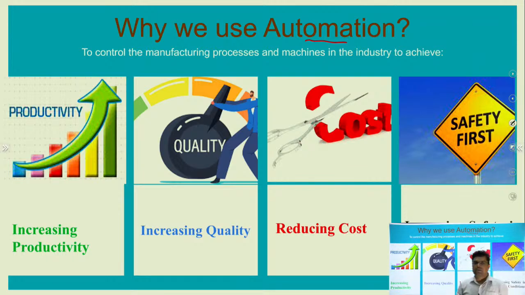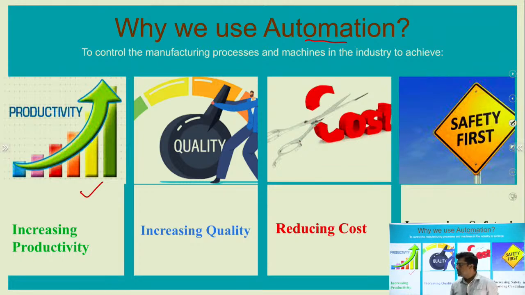If we talk about industrial purposes, the main focus is productivity, what the productivity of your industry should be. If we reduce the human error and the interference of human interruption, we can increase the productivity. So to increase productivity, we do automation.